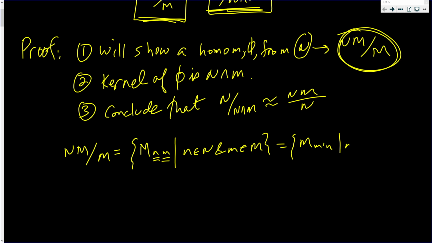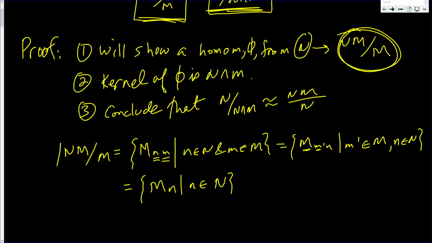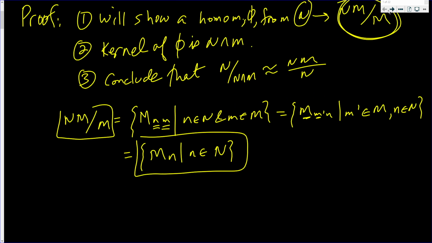But since m is in M, what we really have is Mn such that n is in N. This is what this set equals: the set of right cosets of M, where n comes from N.